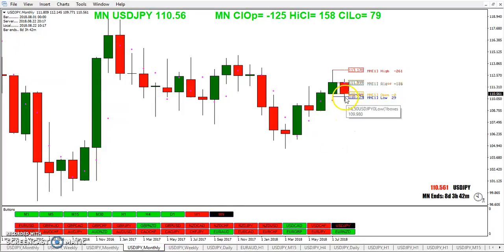And so we can see here that the dollar yen is sitting right here at the previous month's open line. It's already gone down, and it's come back up. So had you gone long at the previous month's low as it enters the monthly wick zone, you'd be up 29 pips.